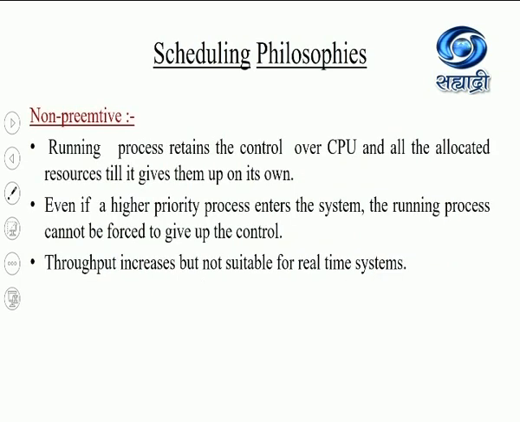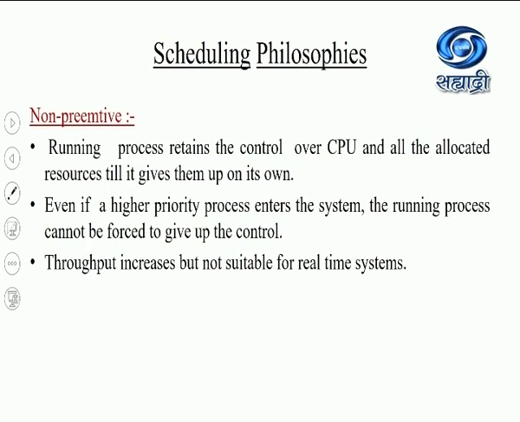Next concept is the scheduling philosophies. There are two philosophies for scheduling. First is non-preemptive. The running process retains control over the CPU and all the allocated resources till it gives them up on its own. This happens in non-preemptive. Even if a higher priority process enters the system, the running process cannot be forced to give up control.